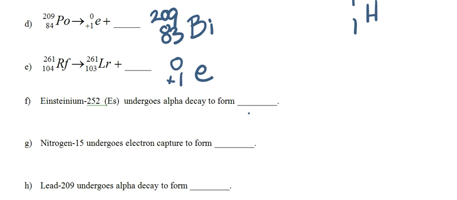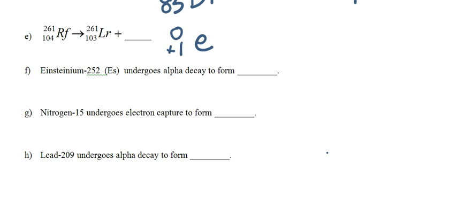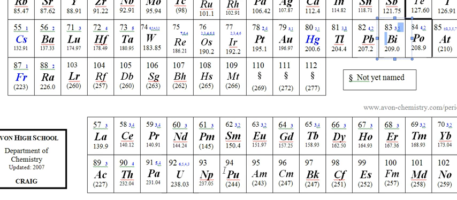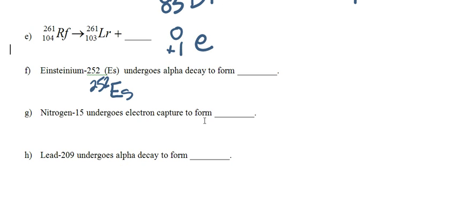All right, looking at the next couple here, the last 3, we have Einsteinium-252 undergoes alpha decay to form. So what we want to do is write this out. So we have Einsteinium-252. And we have to put the Es on there. We have to go to the periodic table and find out what Einsteinium's, yes, 99. So 99 is its proton number. Undergoes alpha decay, that means arrow.